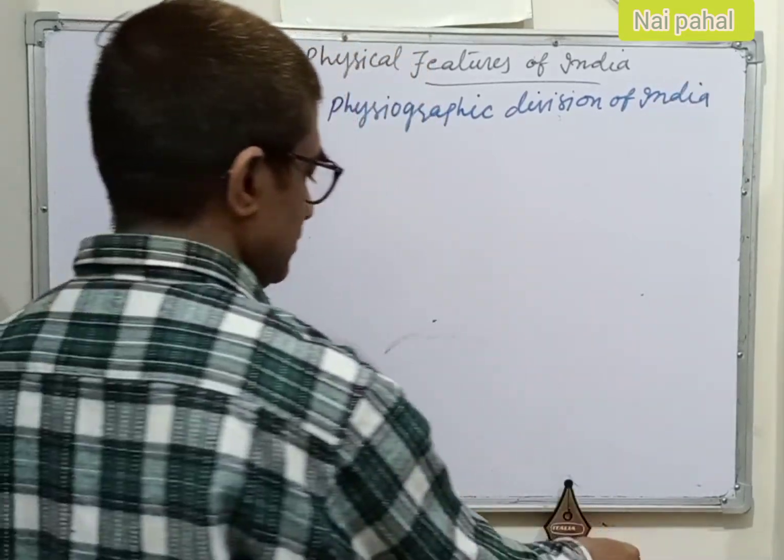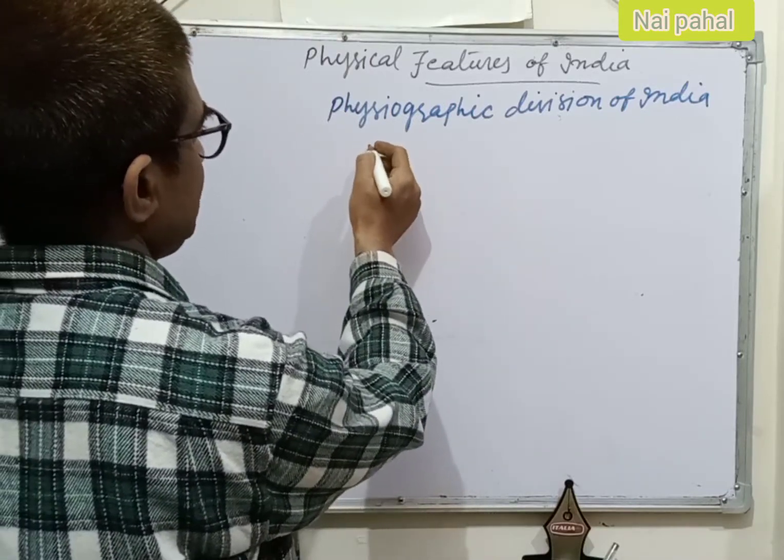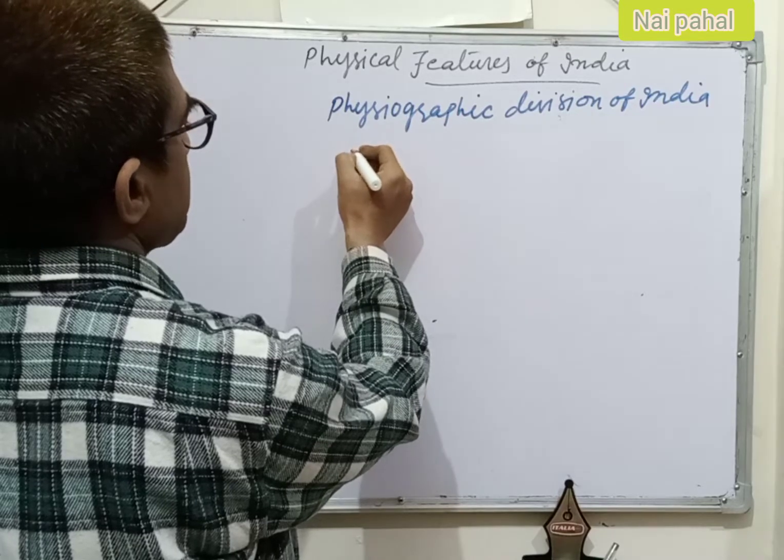So everybody knows there are six physiographic divisions.